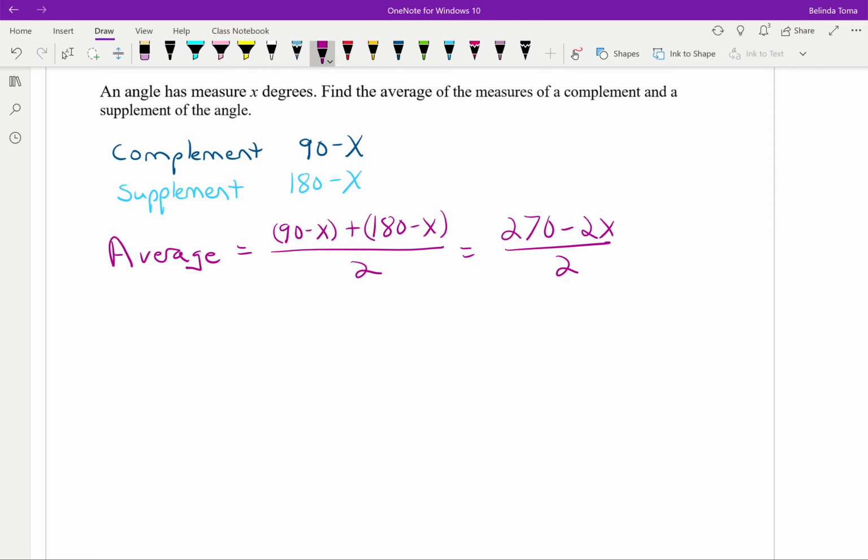Here we would be required to simplify because I have a common factor of 2 in both terms of the numerator. 270 divided by 2 minus 2x over 2 gives us 135 minus x. We would have to take that final step in order to simplify.